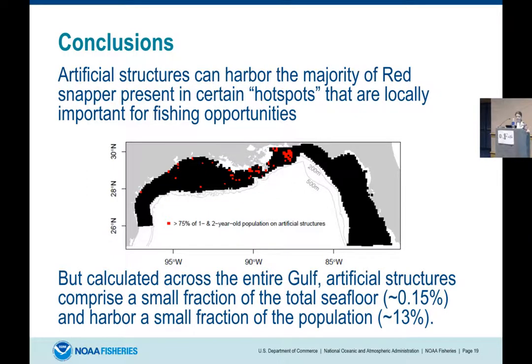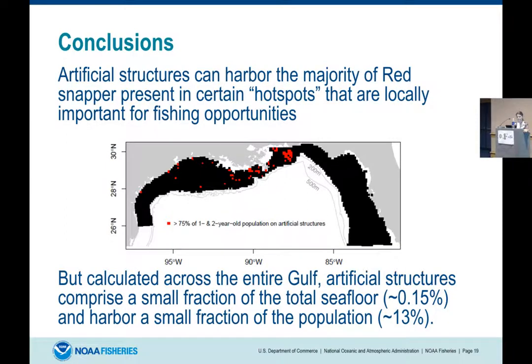And therefore, they harbor a relatively small fraction of the population, about 13% according to our estimate. Because artificial structures harbor smaller, younger red snapper than those found on natural reefs, their contribution to the overall stock is lower in terms of biomass and spawning potential. Again, our numbers were about 8% and 6% of the total, respectively.